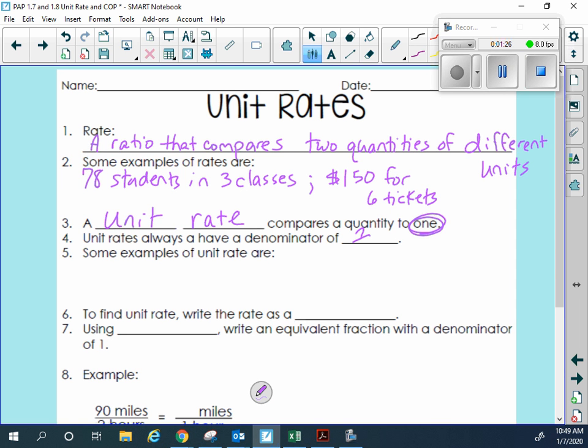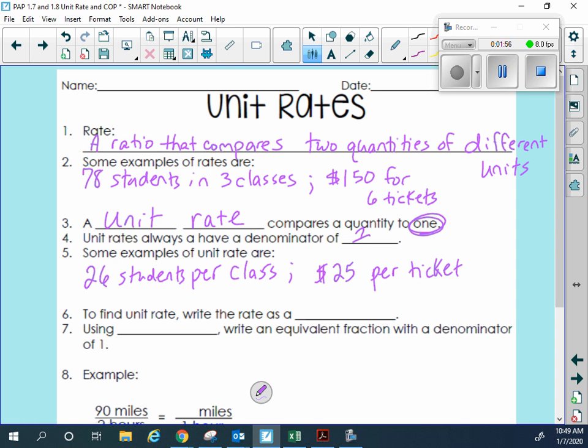Some examples of unit rates would be 26 students per class, or $25 per ticket. You'll hear things like "for each ticket" or "per ticket." Those are unit rates.